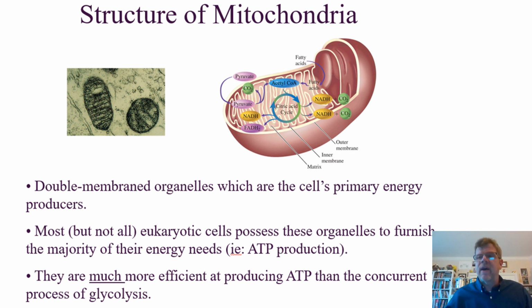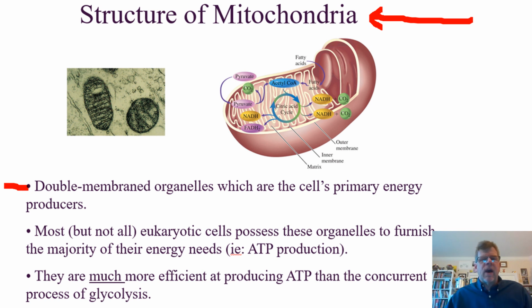The citric acid cycle and its subsequent ATP production are carried out in cell organelles known as mitochondria. Mitochondria are double-membraned cell organelles, which are considered many times the powerhouse of the cell. They produce a lot of ATP.